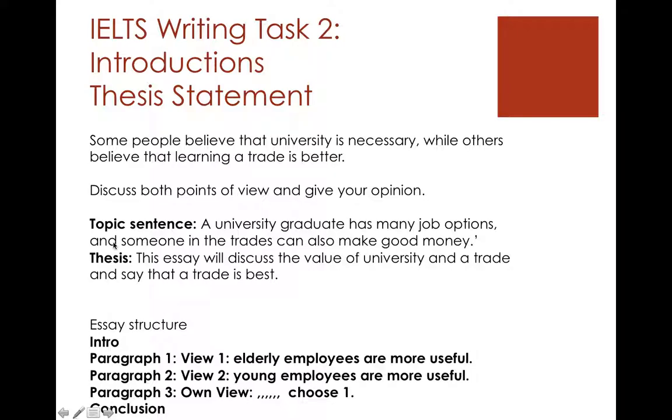Then we have and, then we have subject, someone in the trades, we have a verb, make, and we have an object, good money. That's called a compound sentence. Compound means two things together. So actually that is a sentence type that you can get over 6 for. So that's good if you can do this, but it's actually just 2 simple sentences. Really easy way for you to boost your mark.